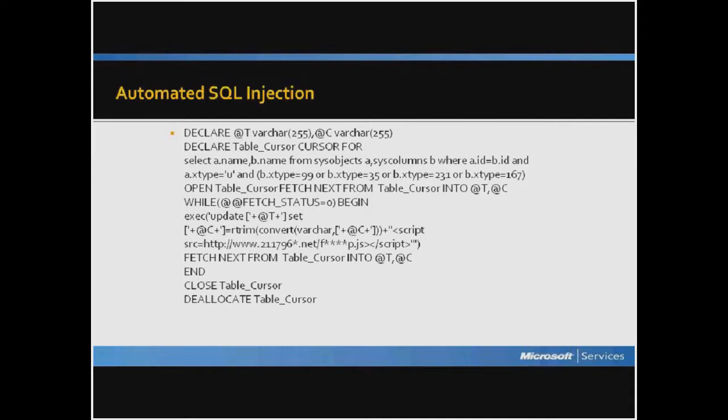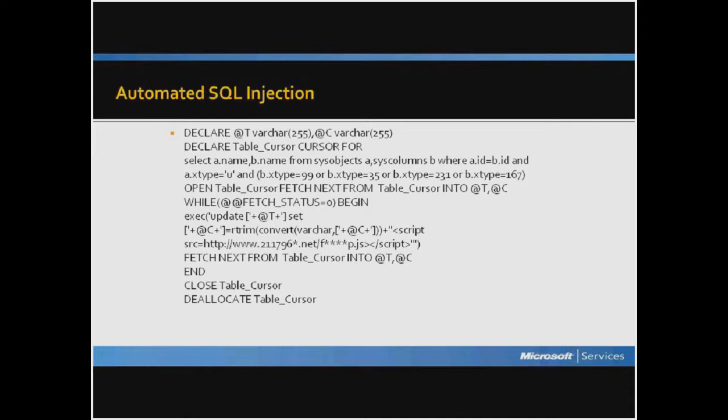And it goes and looks for columns where you'll see b.xtype equals 99, equals 35, equals 231, equals 167. Well, these xtypes are string types, like varchar, nvarchar. It's looking for any table anywhere in this database that has columns that are of a text type.